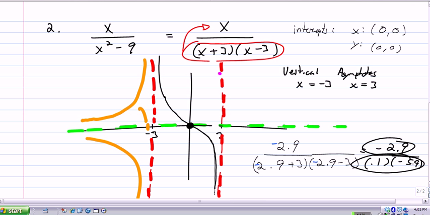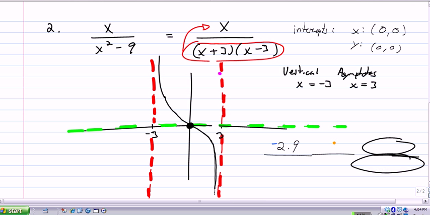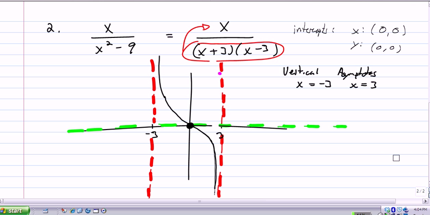If we do, it'll be up there. If we get a negative answer, it'll be down there. So let's say you picked negative 3.1. So let's plug negative 3.1 in.